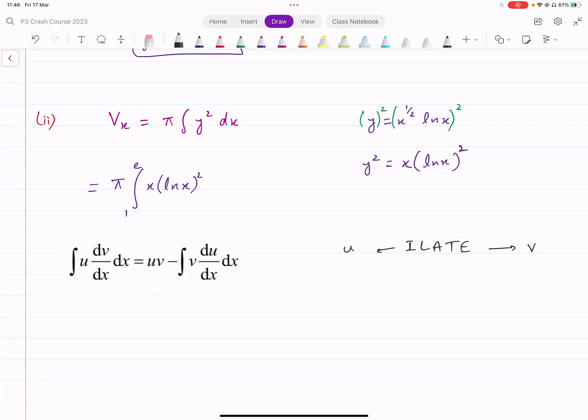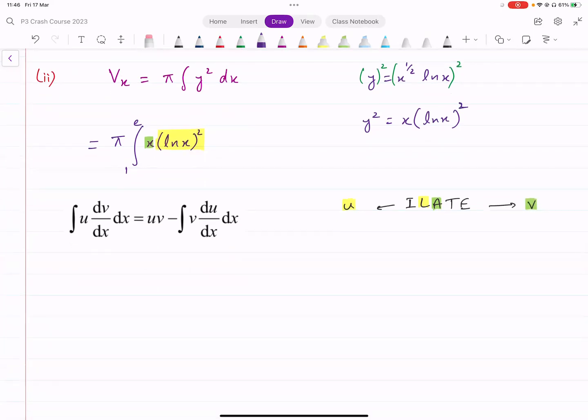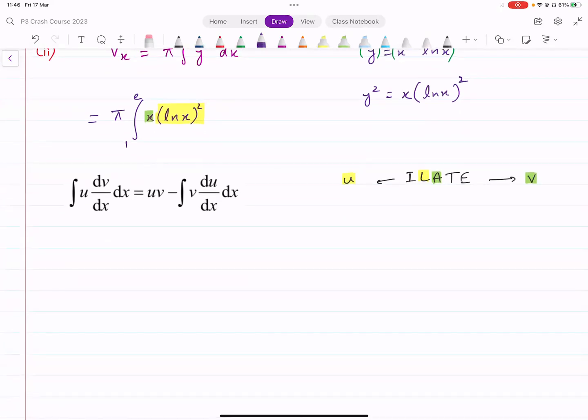Now, what two functions do we have here? We have x, which is algebraic, and we have ln x whole squared. This involves logs. Whatever comes to the left is u, whatever comes to the right is dv over dx. So we're going to take u as ln x whole squared.